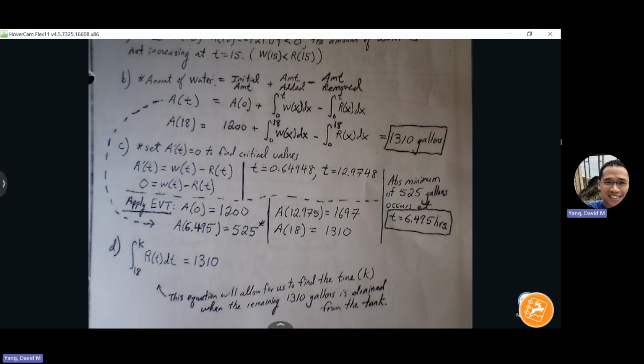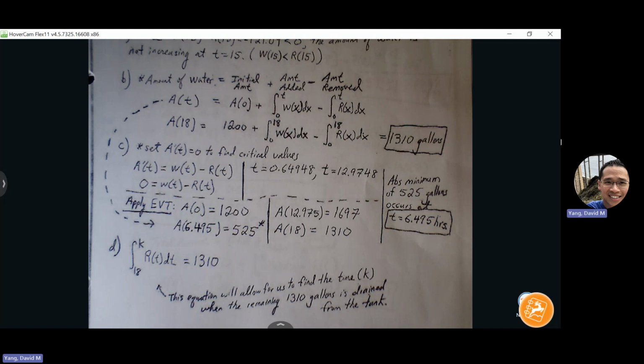However long it takes for this to complete 1310, that's the equation that's going to allow us to solve for k. Why do you set it equal to 1310? Because we want to figure out how long it's going to take for 1310 gallons to drain. Right, because we want this number to match however much water is in the tank at 18 hours.